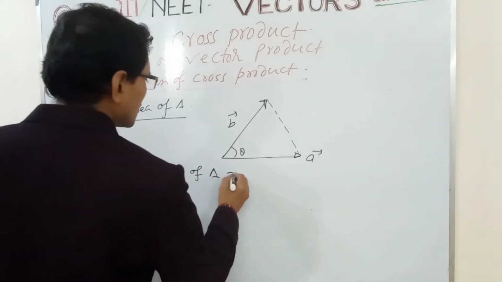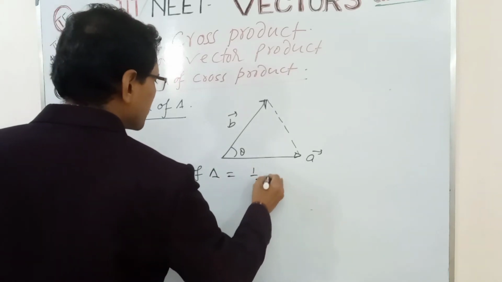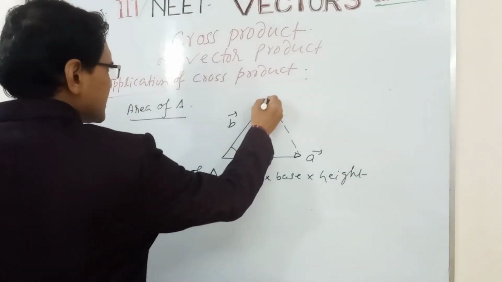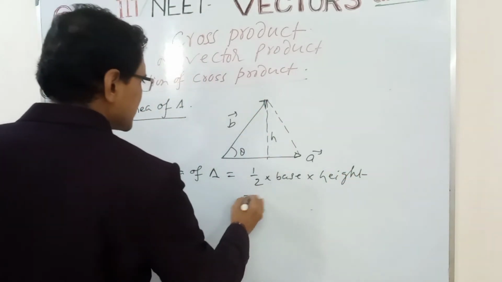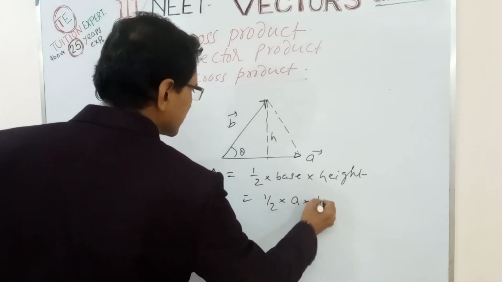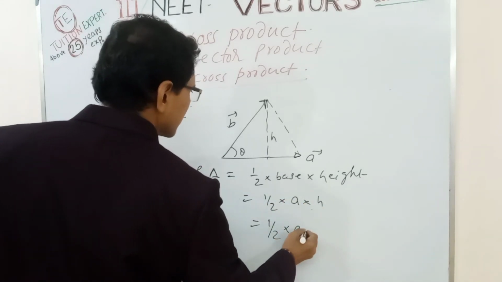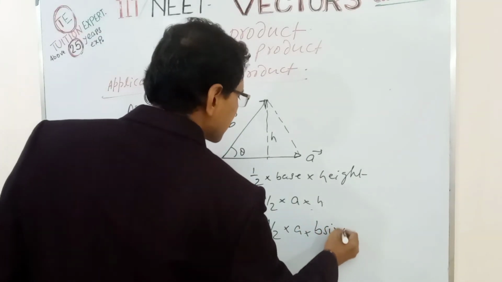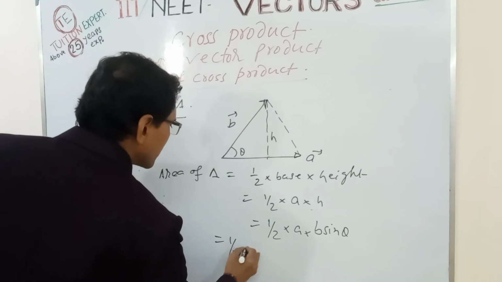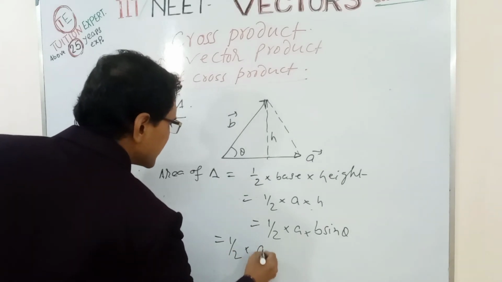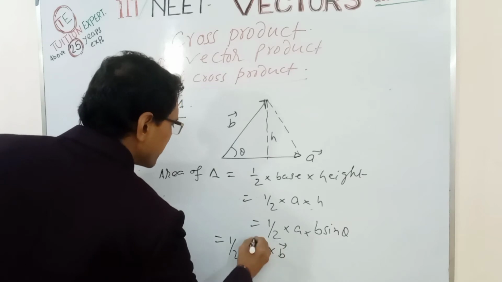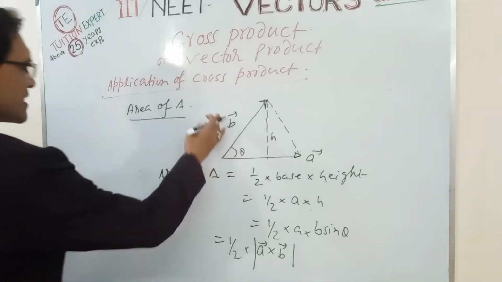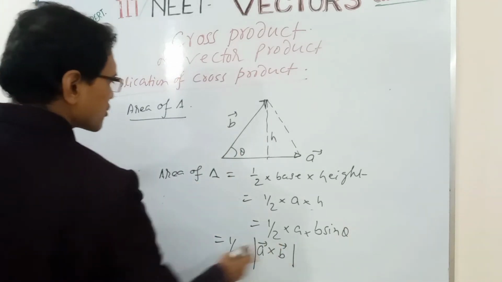We know area of triangle equals half base into height. So height is h, that is half into a into h. Now what is h? h is equal to b sin theta. So half a into b sin theta. A b sin theta means magnitude of a cross b. So if two sides are given, the area of the triangle becomes half of a cross b.